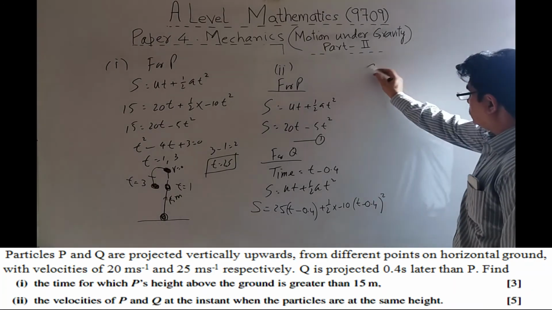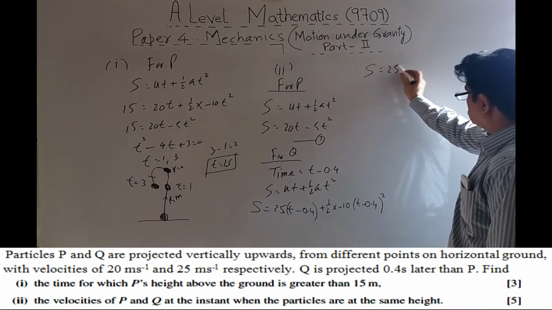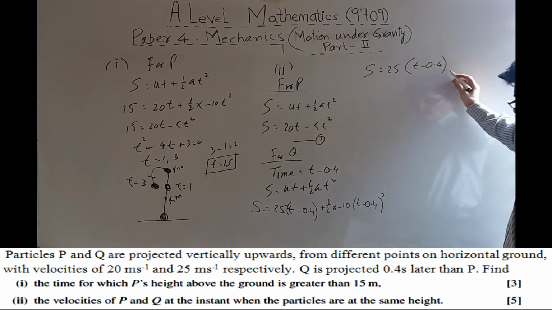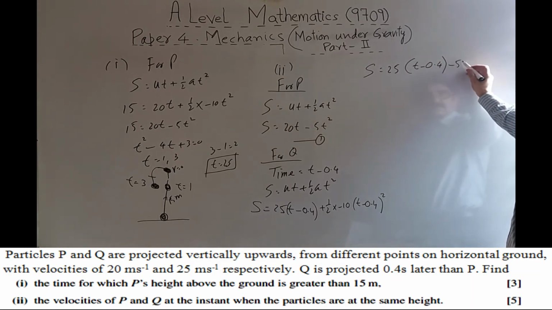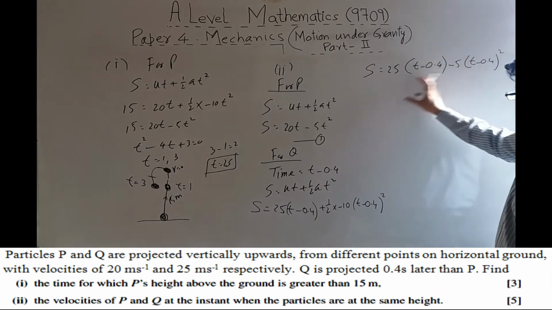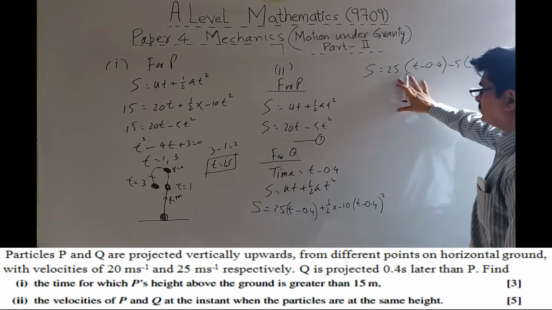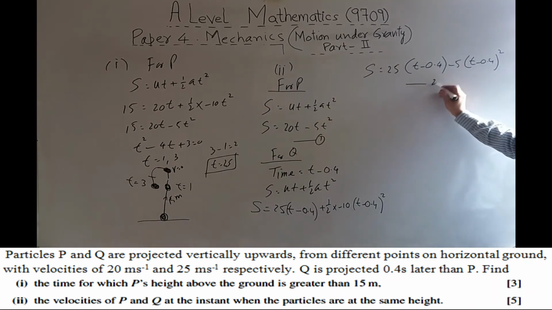Now you simplify as much as you can. 25 into t minus 0.4 minus 5 into t minus 0.4 whole square. If you can simplify further, you can also leave it here. Now this is equation number 2.